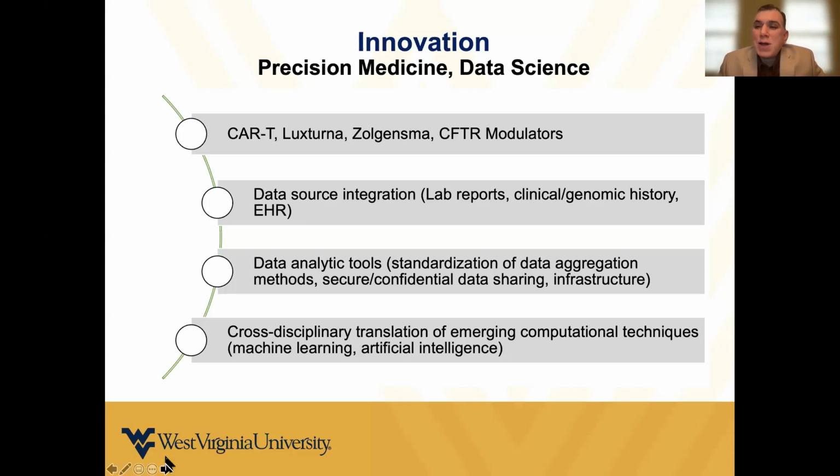When I talk about innovation in my class, I always use the example of the Apple iPhone 1, which was truly a game changer. It changed the entire phone industry and the way we communicate. But iPhone 12 and 13, are they truly innovative? I don't think so. They are me-too products. But again, CAR-T, Luxturna, Zolgensma, these are truly game changers, truly innovative products.